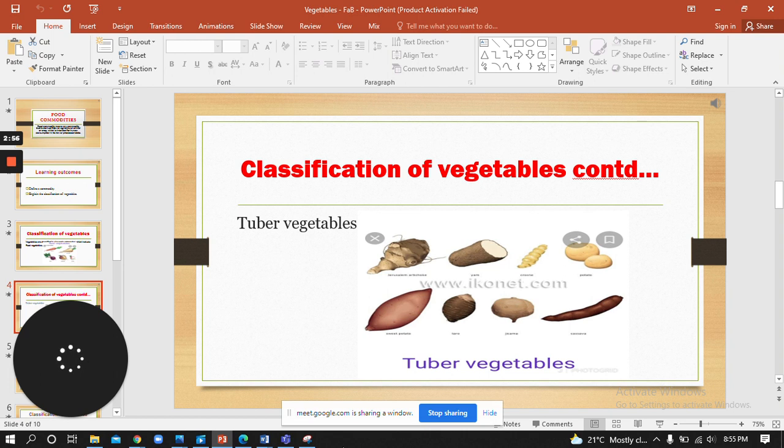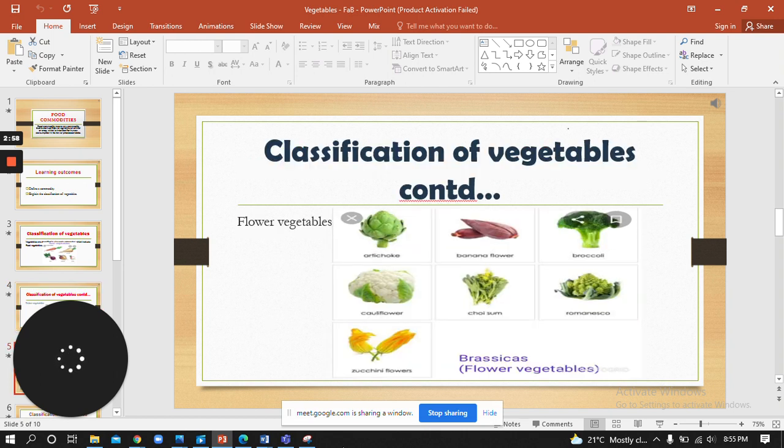We go to our next category, which are the flower vegetables. These are also known as brassicas, and these are the vegetables that come from the flower part of the plant. Just as the name suggests, one of the perfect examples of a flower vegetable, as you can see on your screen, is cauliflower. We also have a banana flower, which is mainly not eaten in Kenya as a vegetable, but it is actually edible and it is eaten in many other countries.